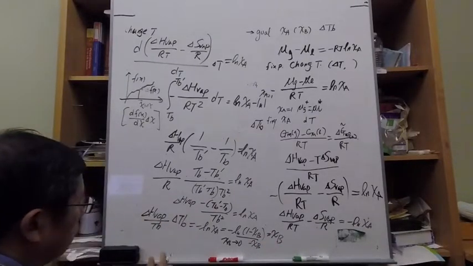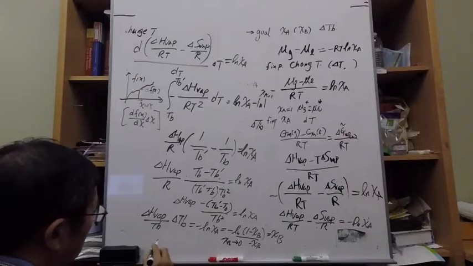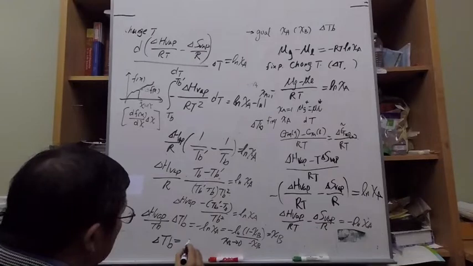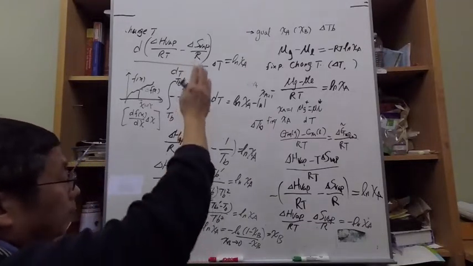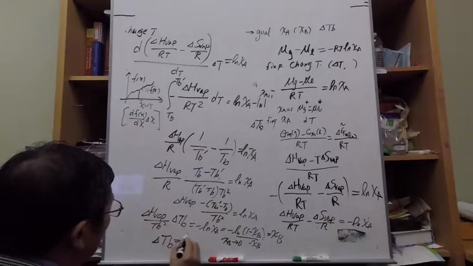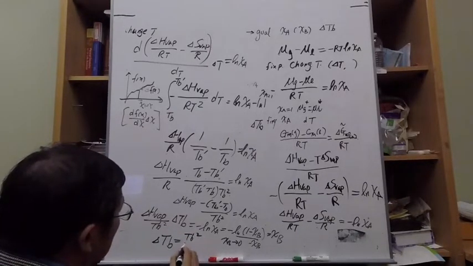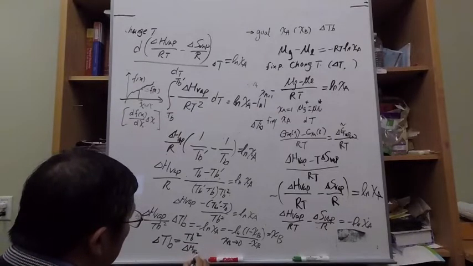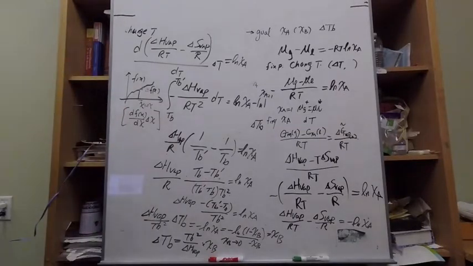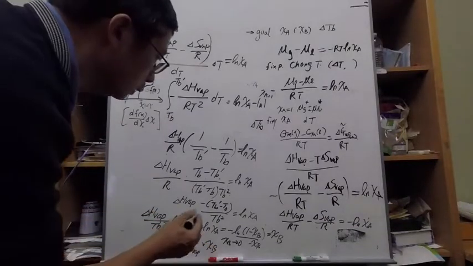So what does this really mean? We have accomplished the goal by showing that the change of boiling temperature when you add a non-volatile solute to the solution will be equal to something times TB squared over delta H vaporization times the molar fraction of B. Okay, so what this really means is that I think I dropped something over here.